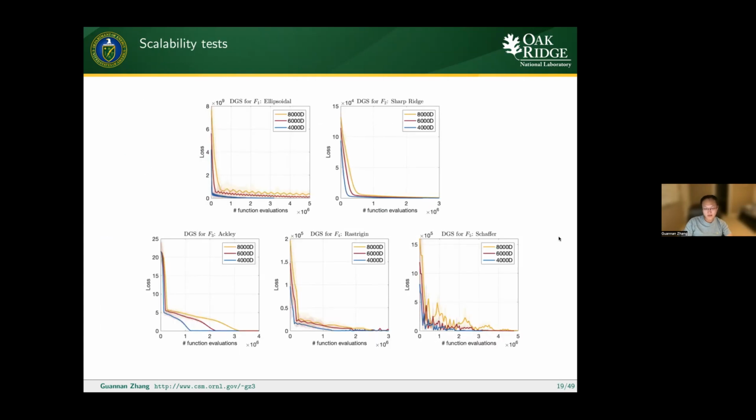Here, for those tests, we fixed one for everything because it's kind of isotropic, and even the sharp ridge has some ill conditioning. It's not too bad. But later we'll show how to adjust the coordinate system. It needs to be adjusted, especially for ill-conditioned problems. I see. That makes sense.